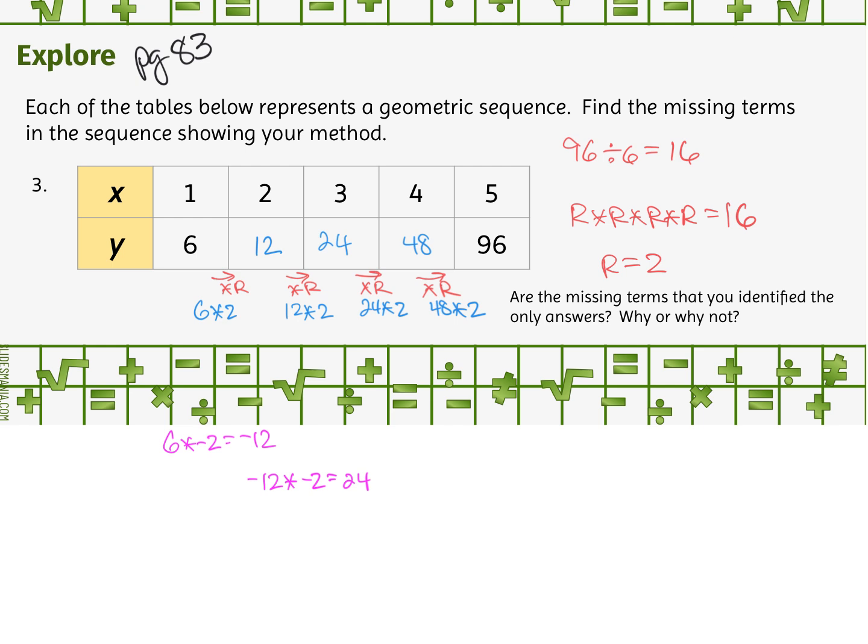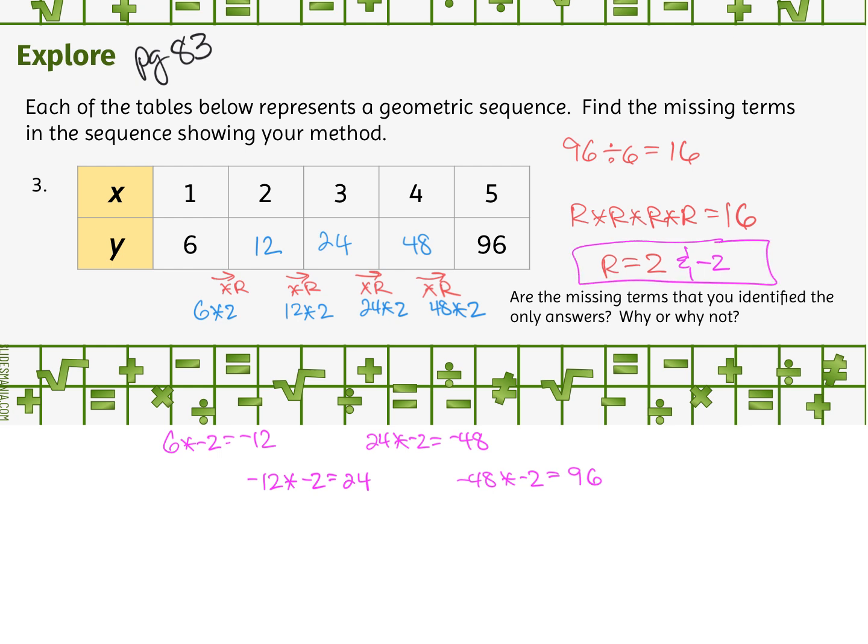We multiply 24 by negative 2 and get negative 48. Then we take negative 48, multiply by negative 2, and we get a positive 96. Okay, so this does work. So our common ratio is 2 and negative 2.